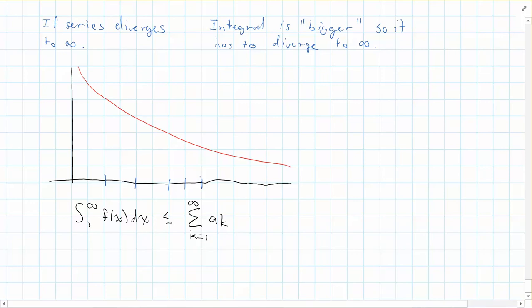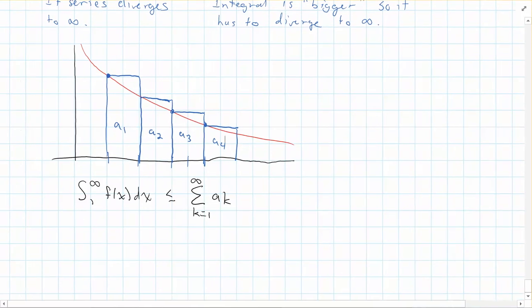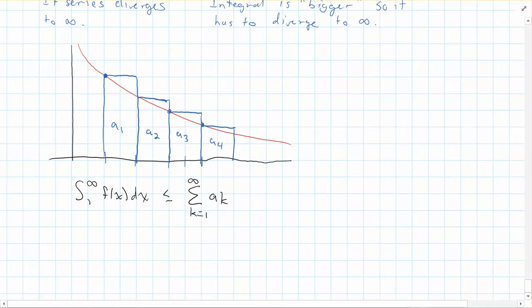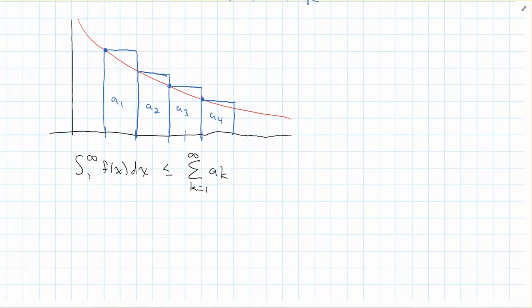What we're doing now is left endpoints for my Riemann sum. And this would be, of course, A1, A2, A3, A4, which corresponds to those a sub k's. And now in this case, my rectangles are overestimating the area under the curve.